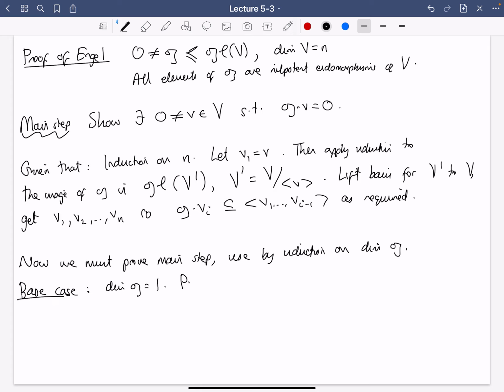Then you just pick your v to be any eigenvector. Since dim G is 1, G is just spanned by some element x, and you just pick v to be any eigenvector for x.